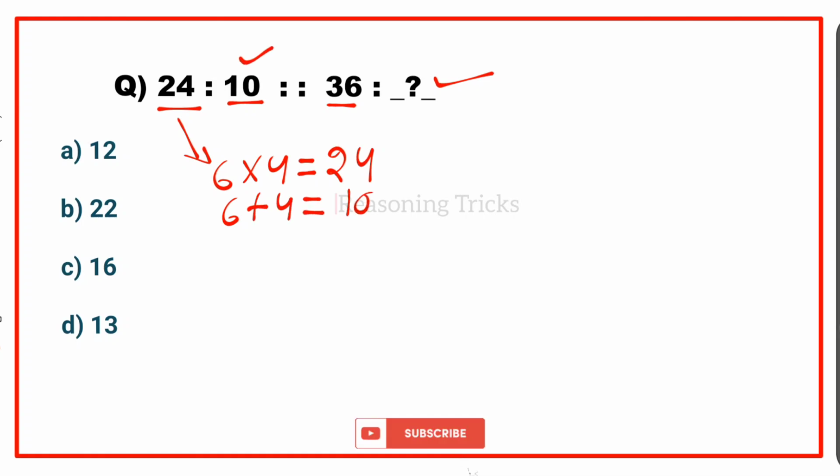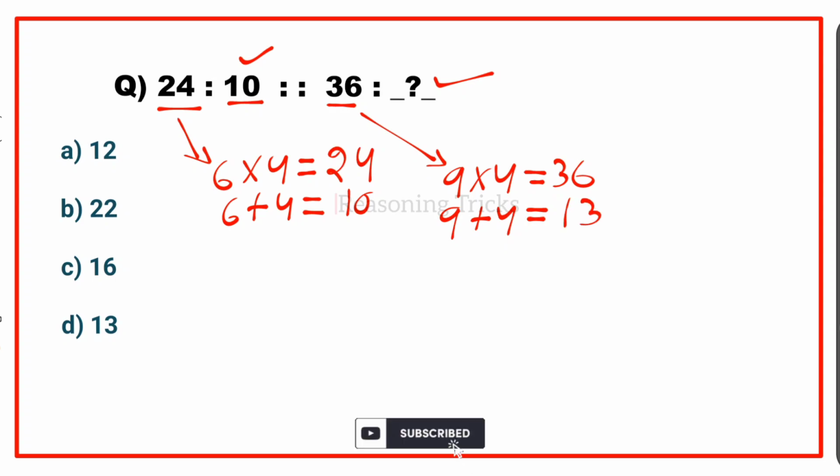Similarly, in case of 36, 9 into 4 equal to 36. Then 9 plus 4 equal to 13. So answer is 13, option D.